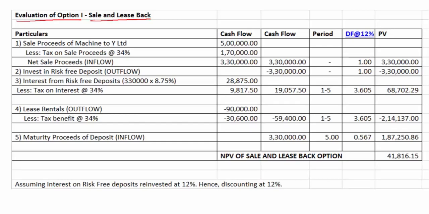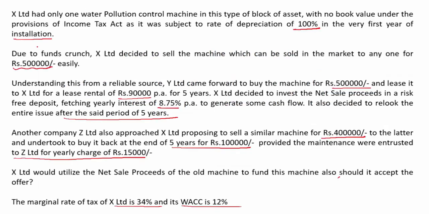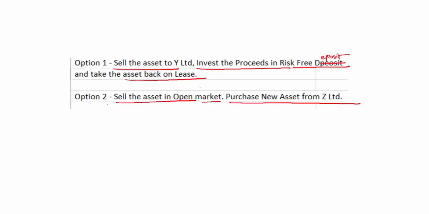We are talking about option 1, where we have to first sell, right? And if that machine can be sold to Y Limited, at what price can it be sold? What is the information you have in the question? Question says that machine can be sold in the market to anyone for 500,000 and Y Limited came forward to buy the machine for 500,000.